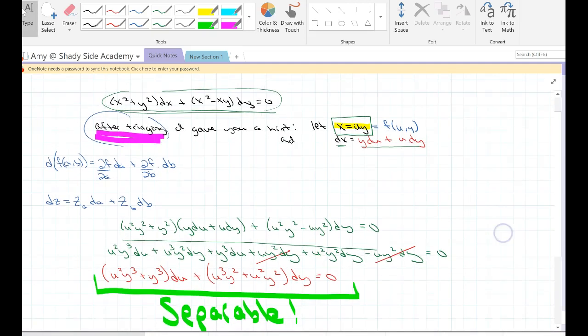Notice something. When I substituted x equaling uy, I'm making the substitution where x is a linear function of y. And even more specifically, x is a linear function of y where the coefficient, so to speak, is another function. So I'm taking that function x and rewriting it as a product of two functions, uy, keeping y linear, because y is raised to the degree 1.